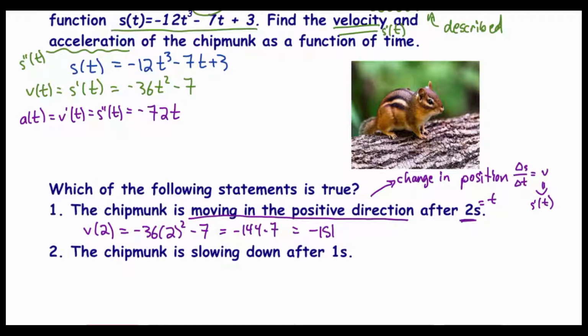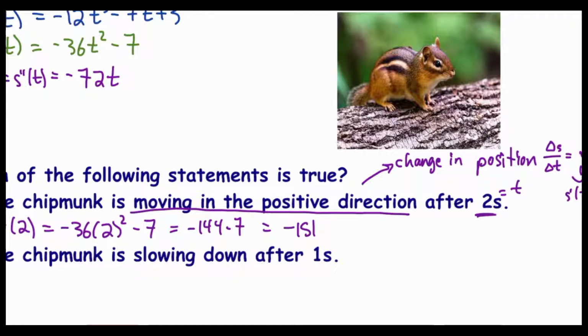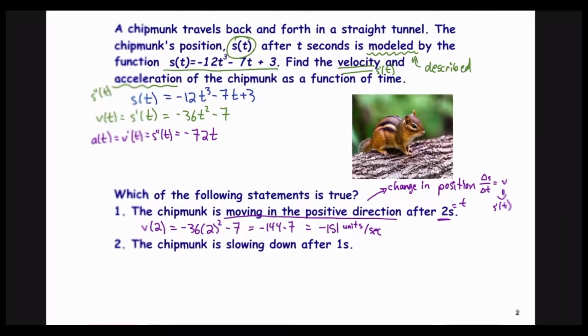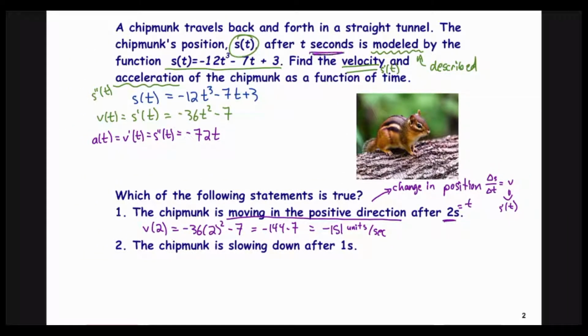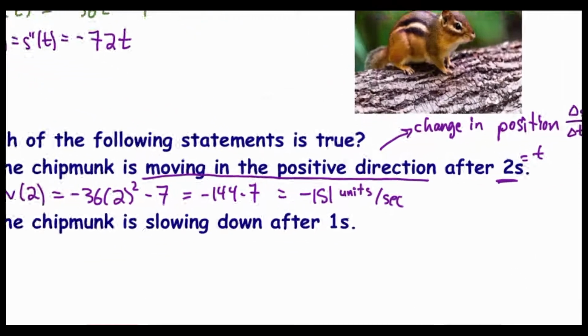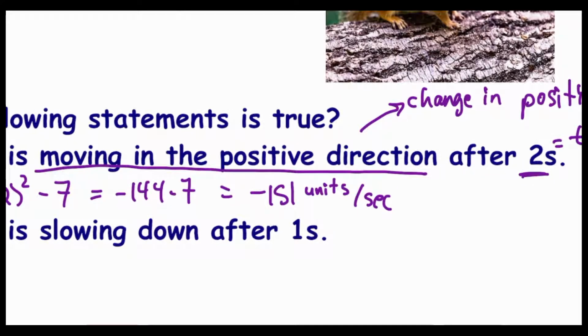And we aren't told what our units of measurement are. I don't know if it's meters or inches or centimeters or whatever. So we're just going to use units per second. And we do know it's seconds because that is given in the question. So negative 151 units per second. And notice it's negative. Negative indicates direction. So that means it is moving in the negative direction.